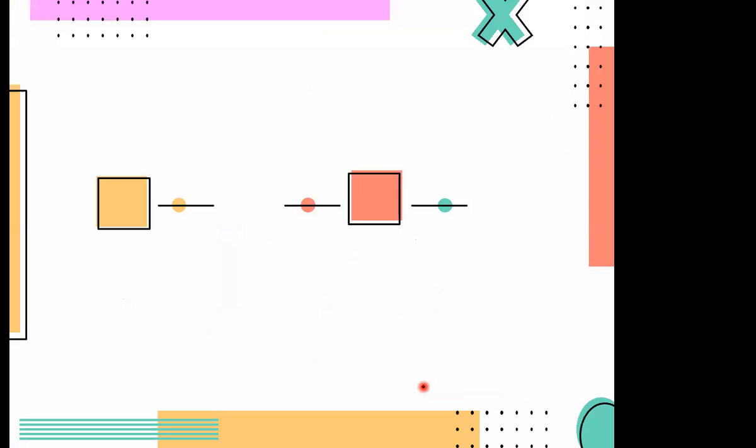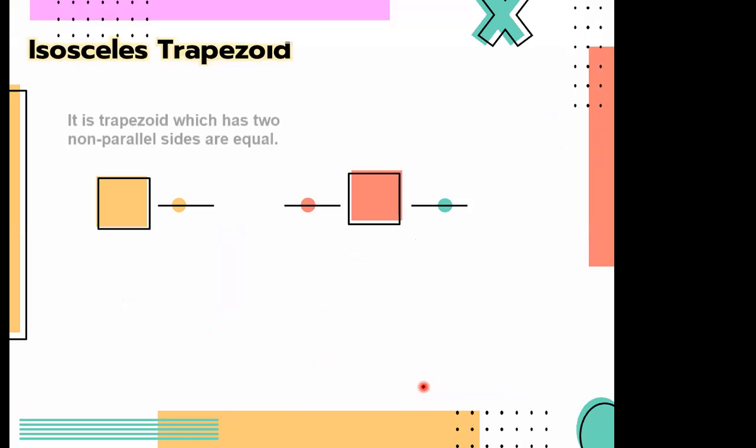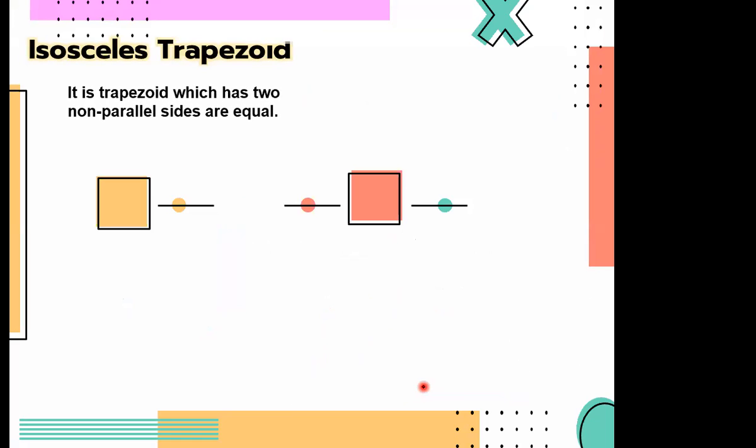Understand? Now move on to the last kind of quadrilateral, which is the isosceles trapezoid. Now, what is an isosceles trapezoid? It is a trapezoid which has two non-parallel sides equal. Okay, non-parallel sides equal. Now look here, it is a trapezoid. Now what are the non-parallel sides here?